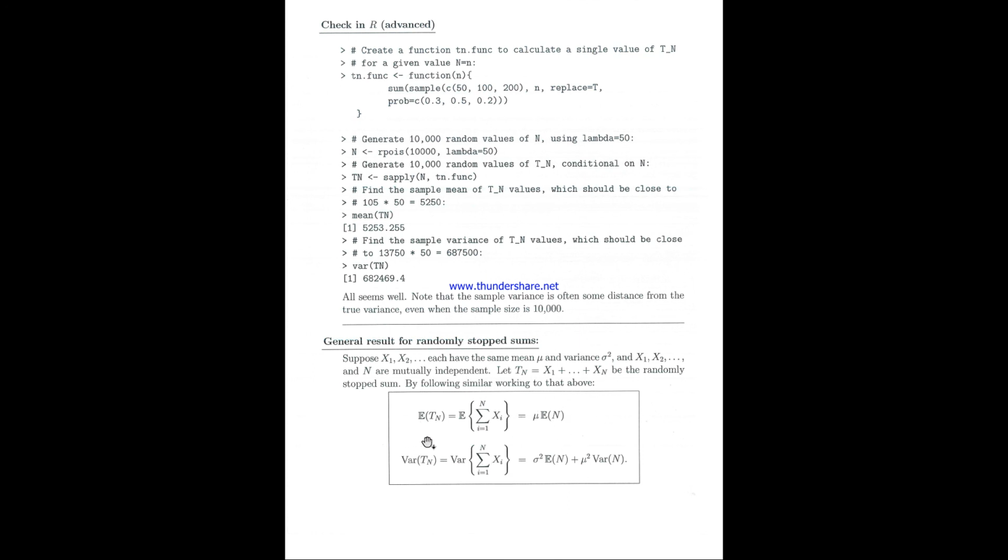Likewise, when we want to find the variance of the randomly stopped sum, that is equal to the variance of x times the expected value of n, plus the squared expectation of x times the variance of n. So this is the general result for the randomly stopped sum.